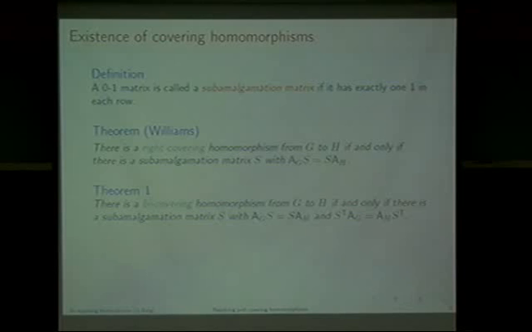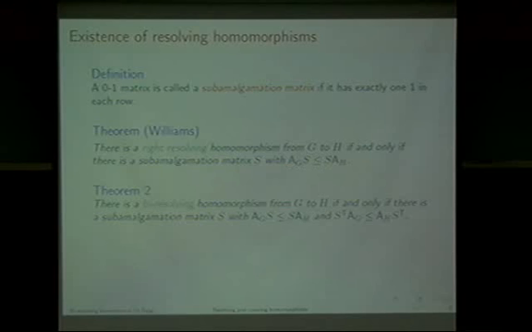So now, to generalize this to resolving homomorphisms, consider the following theorem of Williams. Williams also showed that there is a right-resolving homomorphism from G to H if and only if there is some amalgamation matrix satisfying this condition.